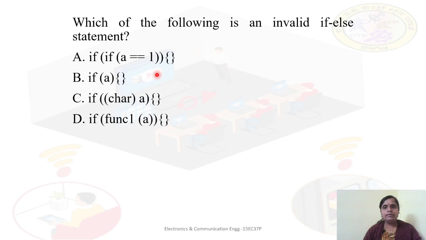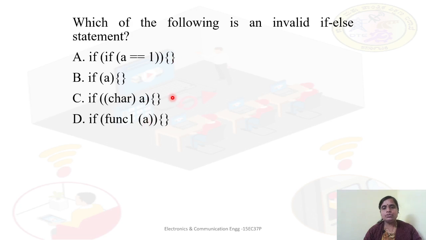Next, a very interesting question. Which of the following is an invalid if else statement? You can see here, in option A, the if statement has a test expression which is again an if statement. In the others, it is if of A, if character of A, if function 1 of A. What would be the invalid statement?